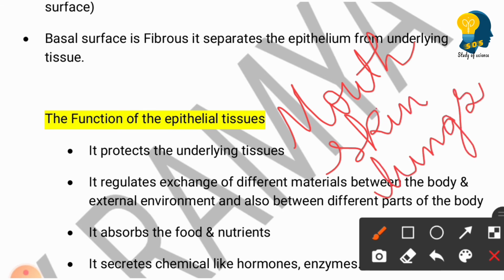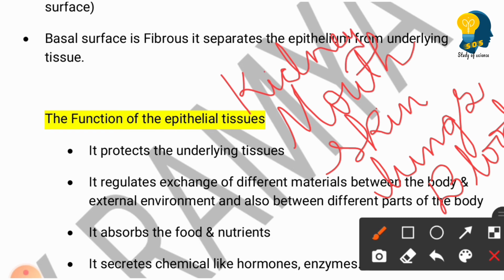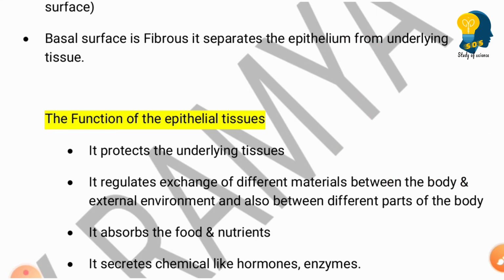There are alveoli, which are called air sacs, inside the lungs, and in those alveoli these epithelium tissues are present. It is found in the lining of the blood vessels and in the kidney tubules. So these are some of the areas where we can find the epithelium tissues.